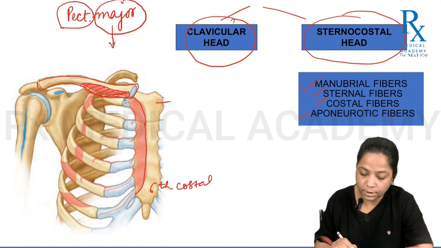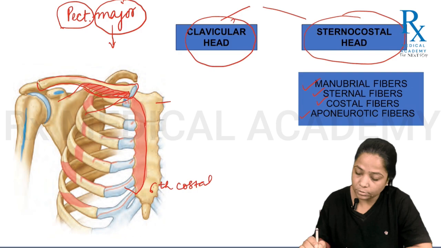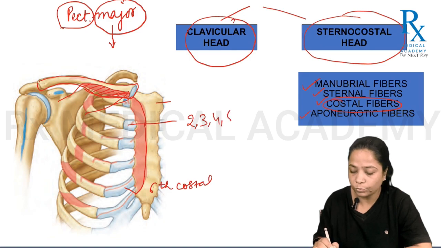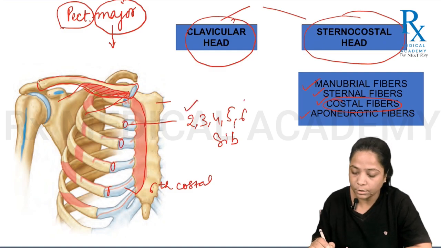Then the costal fibers arise from the costal cartilages of the second, third, fourth, fifth and sixth ribs.